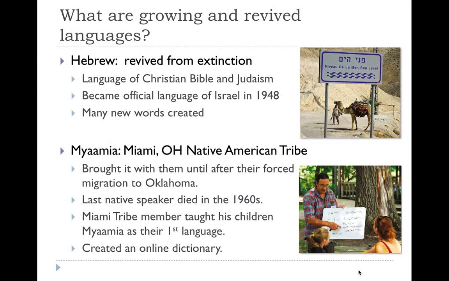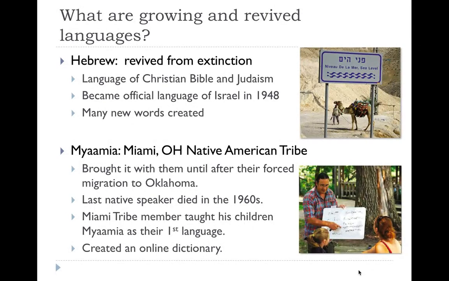Down here, another good example is the Miami Native American tribe. And this is Miami of Ohio, not Miami, Florida. This is a group whose language is nearly extinct. It was brought with them when they were forced to migrate to Oklahoma, so we look at another forced migration here. The last native speaker of it actually died in the 1960s.